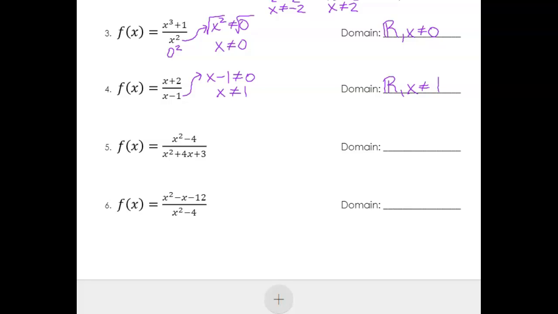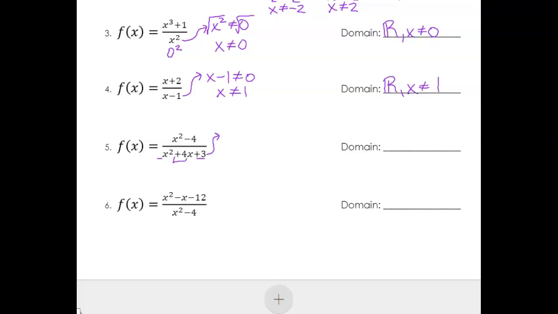Moving on to number 5, we'll do this one together, and then number 6 you'll try on your own. Number 5, my denominator is x squared plus 4x plus 3. That's a trinomial that I should try and factor with magic numbers. I need two numbers that multiply to be 1 times 3, so they multiply to be 3, but at the same time they have to add to be 4.